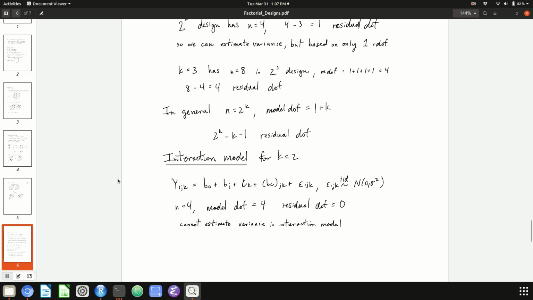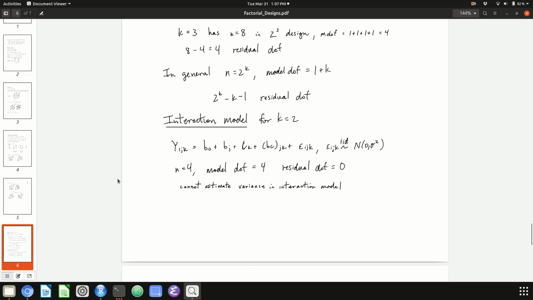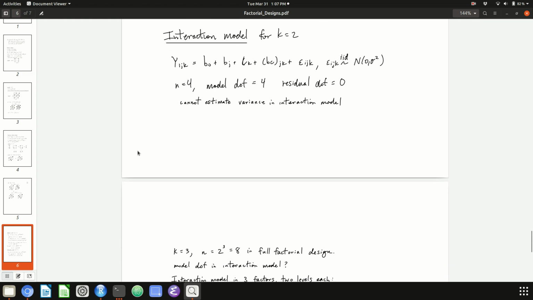For the interaction model, it's not quite so easy. So let's just review what the interaction model looks like for 2 variables. Before we look at the equations, the way we think about this is if there's 2 factors and there are 2 levels for each, we can describe the expected value for this model with a 2 by 2 table.